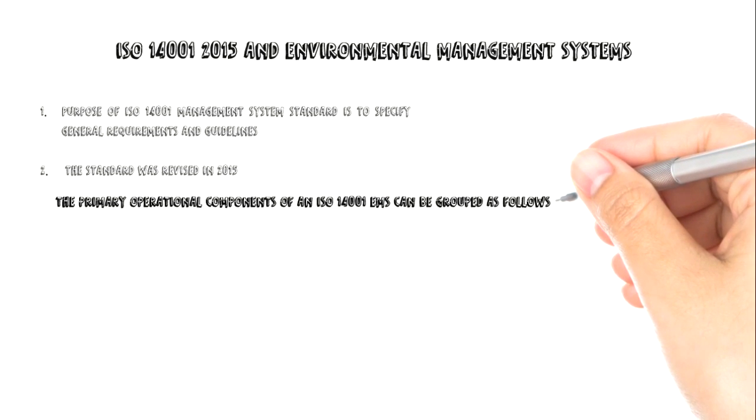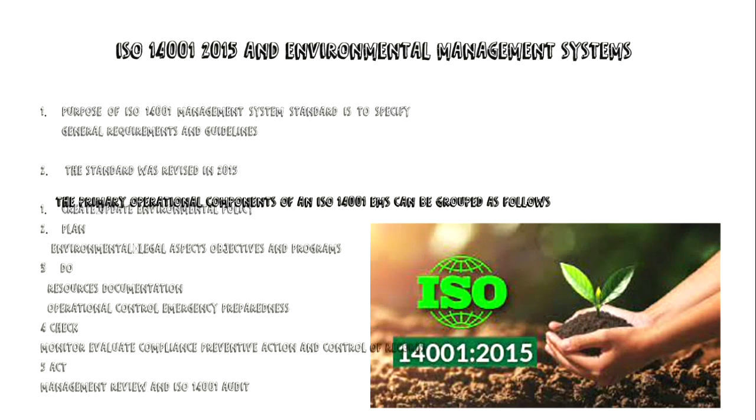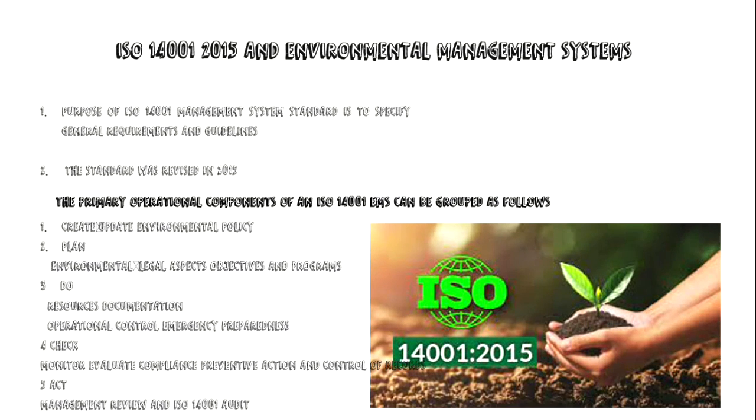Create, update environmental policy. Plan, environmental legal aspect, objectives, and programs. Do, resources, documentation, operational control, and emergency preparedness. Check, monitor, evaluate compliance, preventive action, and control of records. And lastly, act, management review and ISO 14001 audit.